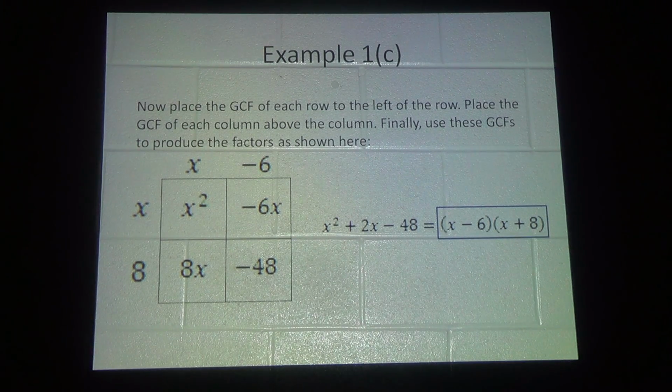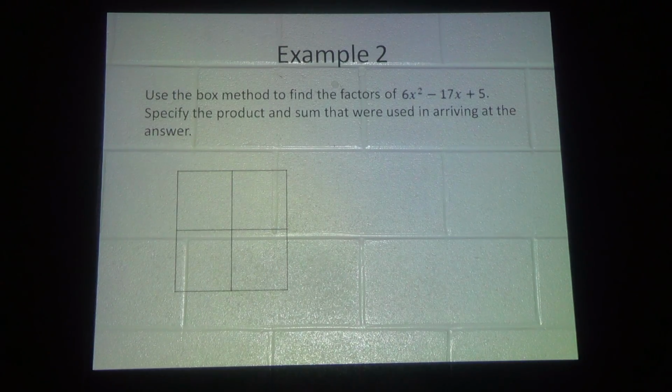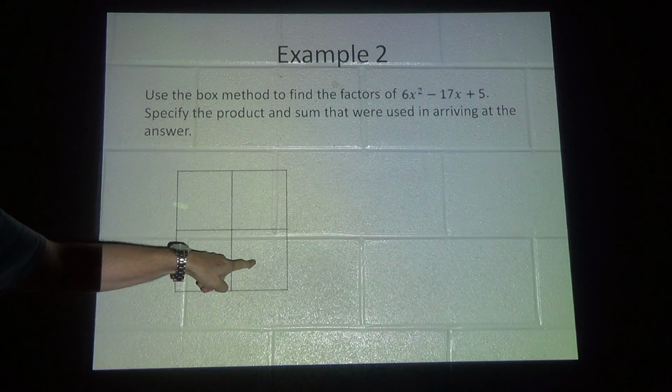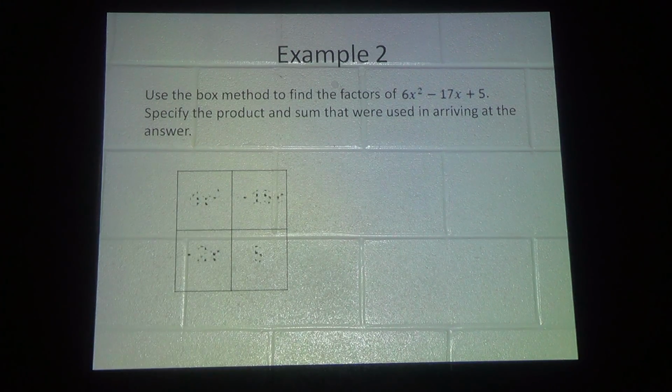All right, that's the method. So let's go ahead and use it to find this. They want us to find the factors of 6x squared minus 17x plus 5. So we need to specify the product and the sum that were used in arriving at this answer. What we're going to do is put the 6x squared here and the 5 here and multiply them together to get the product.